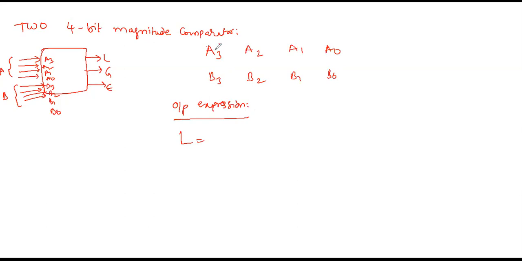If A3 is 0, that is A3 bar, and B3 is 1, we will say A is less than B. What is the next combination? Whenever we go to the next combination, we have to write the previous condition. If A3 and B3 are equal, we compare A2 and B2. A3, B3 equal means XNOR.